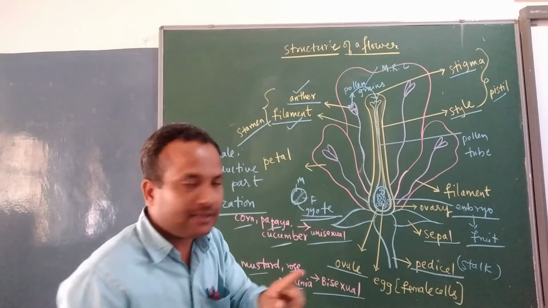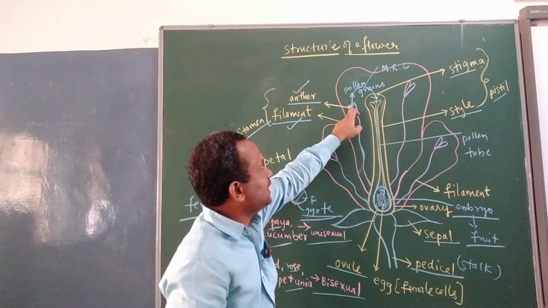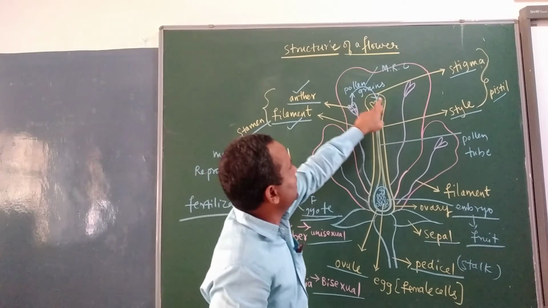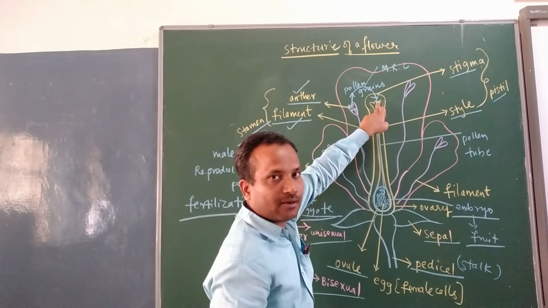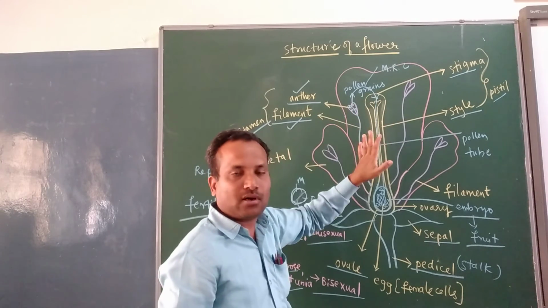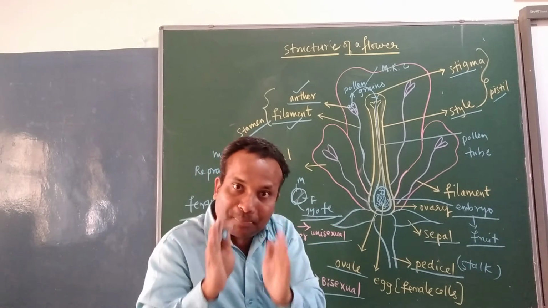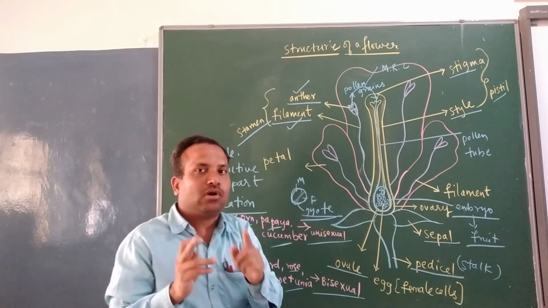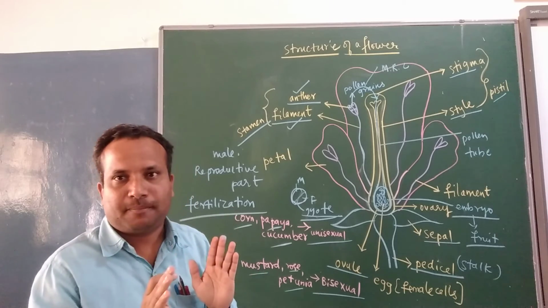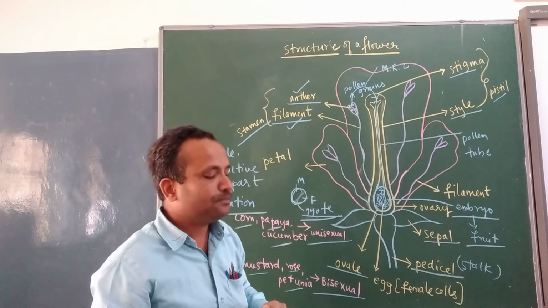In self pollination, pollen grains jump from anther to the stigma of the same flower, or it may be to a different flower of the same plant, then it is called self-pollination. Okay, children.